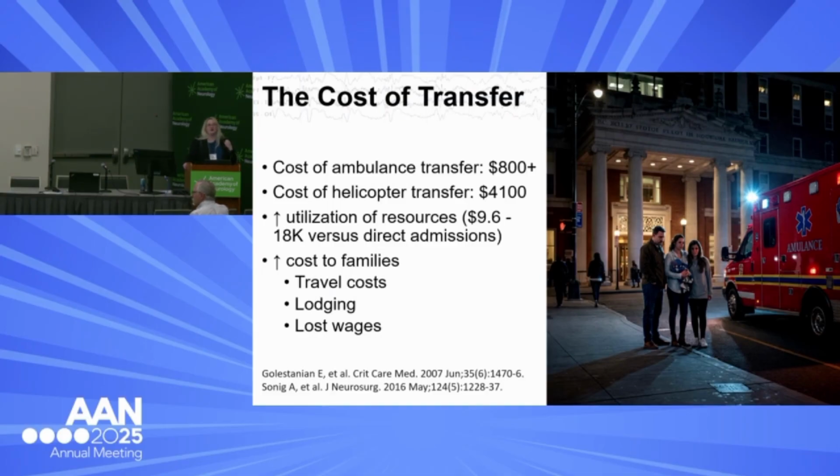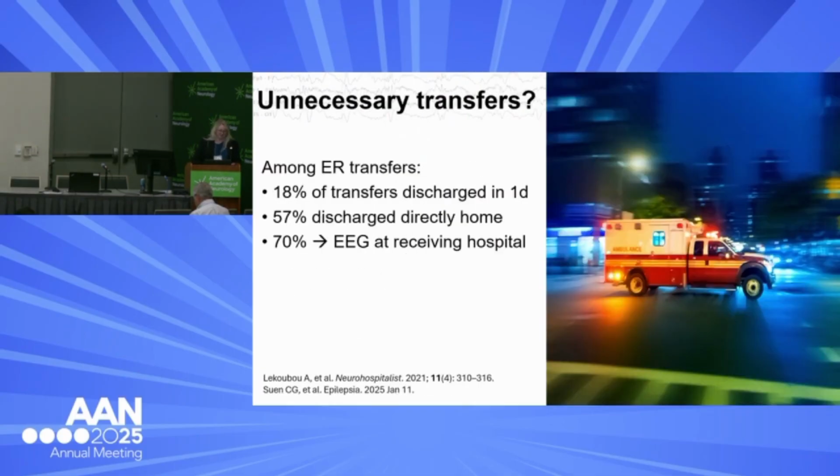There is the cost of traveling back and forth, the cost of lodging so that they can be close to their loved one, and then there is the inevitable cost of lost wages, because if you have to travel 2 to 3 hours to be close to your loved one, there is no way that you are getting to work. And these unmeasured costs are something that we often fail to take into consideration when we're caring for our patients.